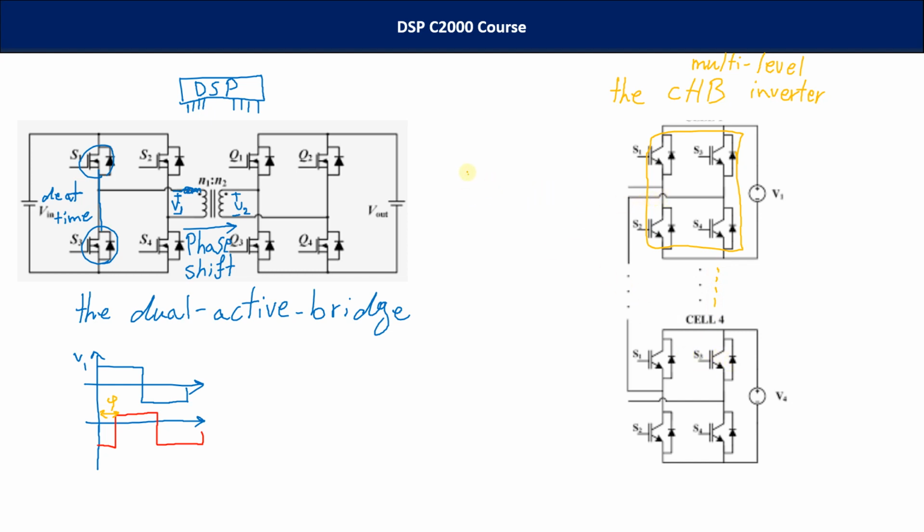So the voltage which is generated by this converter can be a multi-level voltage like this.